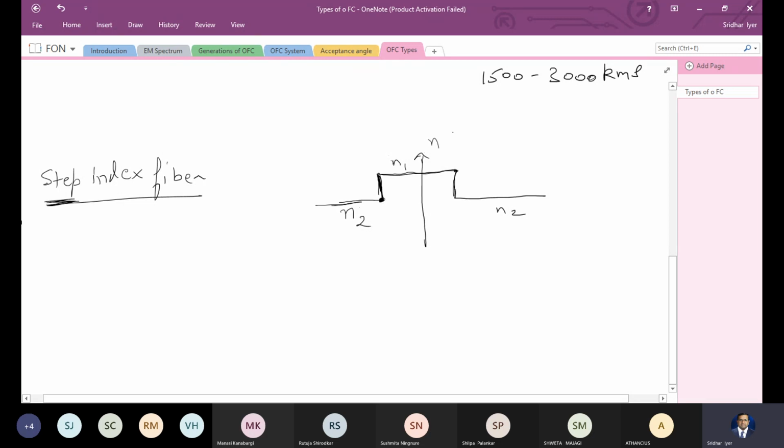The y-axis here is N of R, where R is the radius of the core and the cladding. So you can visualize this. I'll draw it with a dotted line. You can visualize this like this. So this is the core, which has a refractive index N1, and this is the cladding.